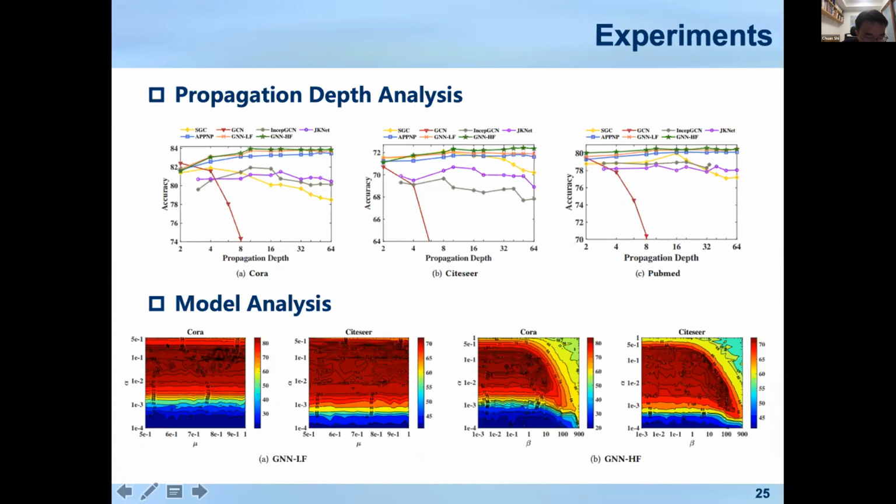We can say that on the Quora data set, the performance is not sensitive to the parameter mu. However, it is sensitive to the parameter alpha. Yeah, thank you so much.